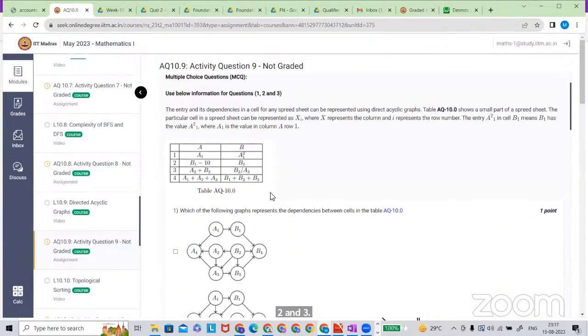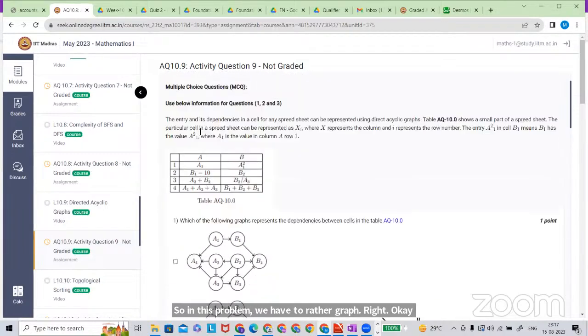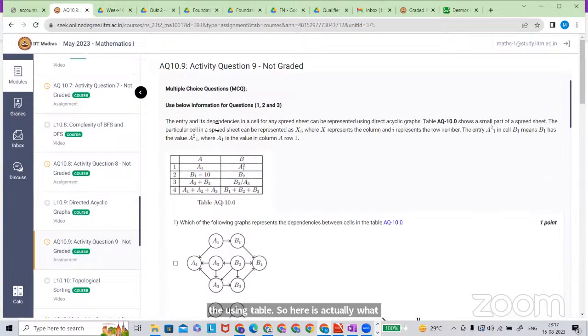So in this problem, we have to draw the graph, right? Using the table. I think it is a spreadsheet. Once you open it, B1 means in this cell, this is A and this is B, two columns we have.